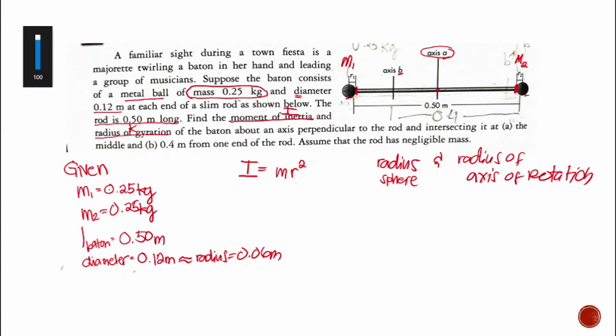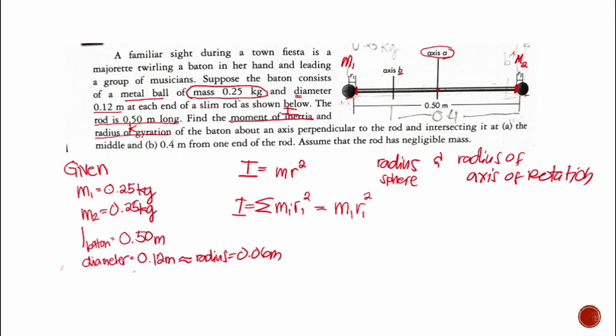Okay, so basically nandito na tayo. Ito na yung mga given na kakailanganin natin, and we are now going to substitute the given to the problem. Now remember, sa moment of inertia, if we try to look back sa kanyang equation, it's actually I is equal to the summation of mi Ri square, or that is simply, depende sa kung ilan yung bodies of mass or number of mass that is mentioned in the problem.